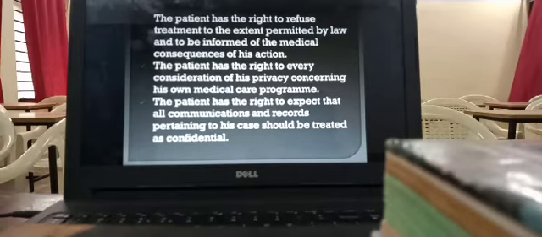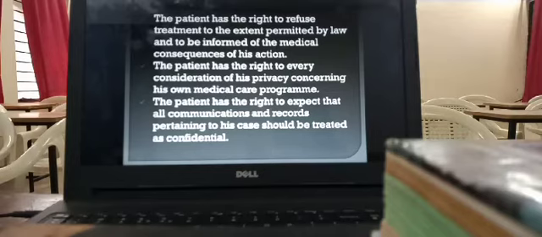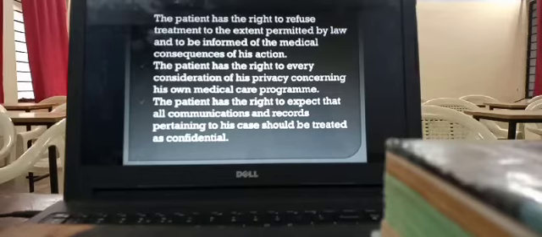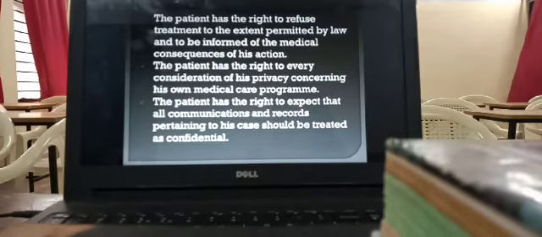Even in case of a small skin problem, or even if the patient visits for hair fall, some expect confidentiality from the physician in case of inconvenience. So they have the right to expect their records to be kept confidential.